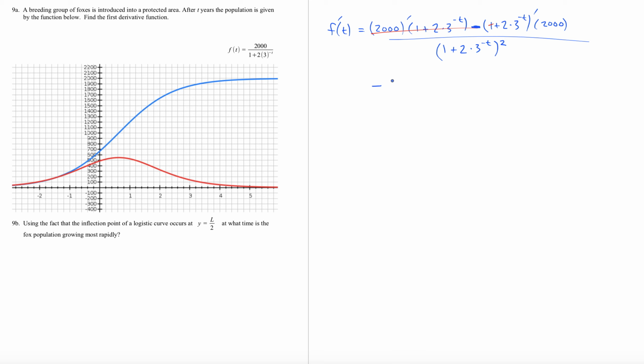On top we'll have negative 2 times 3 to the negative t times the ln of 3, and then times a negative 1 times 2000 over (1 plus 2 times 3 to the negative t) squared.